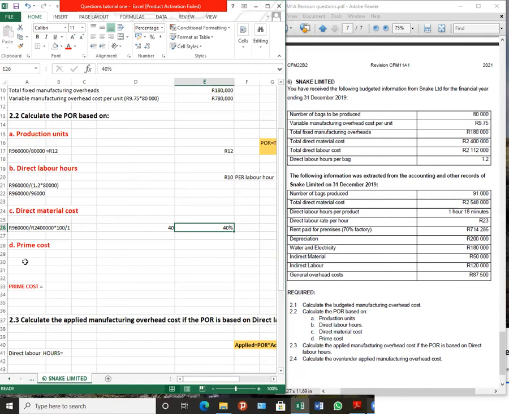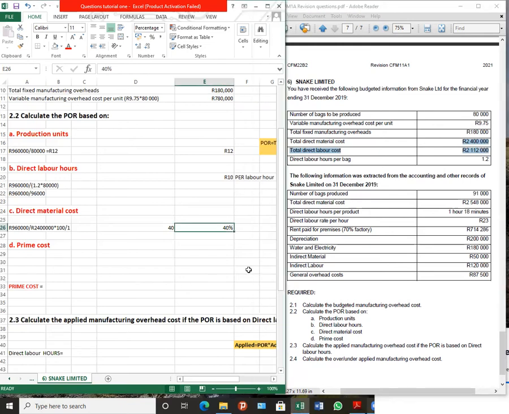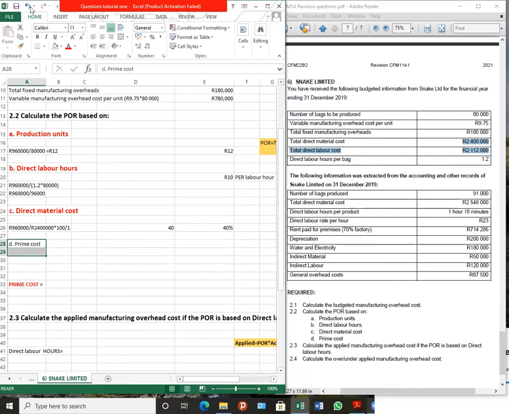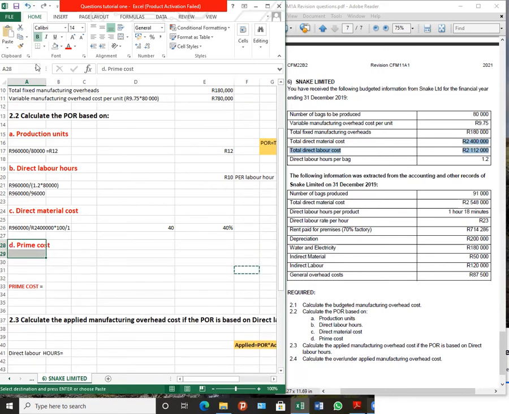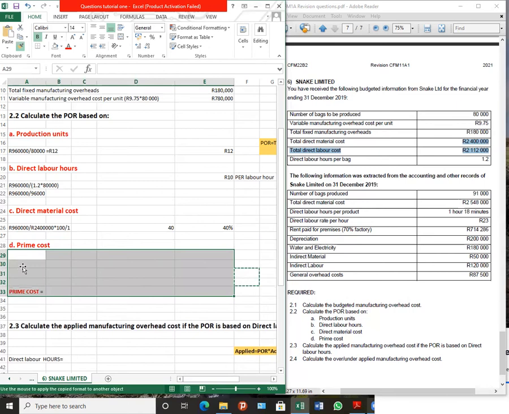Okay. Here, guys, the prime cost. The formula for prime cost: direct labor plus direct material is going to be our prime cost. Okay, let's start with the prime cost.